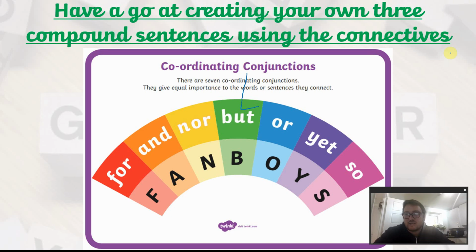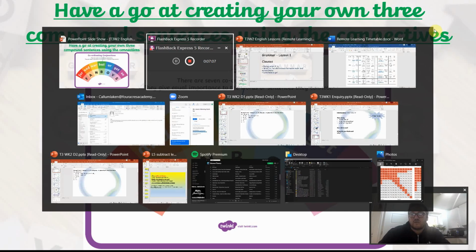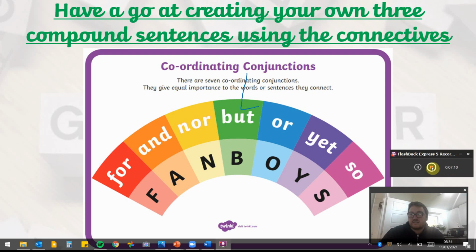So again, just like in the first activity, pause the video and come up with 3 compound sentences using the connectives below. Okay, good luck, and I'll see you in the next lesson.